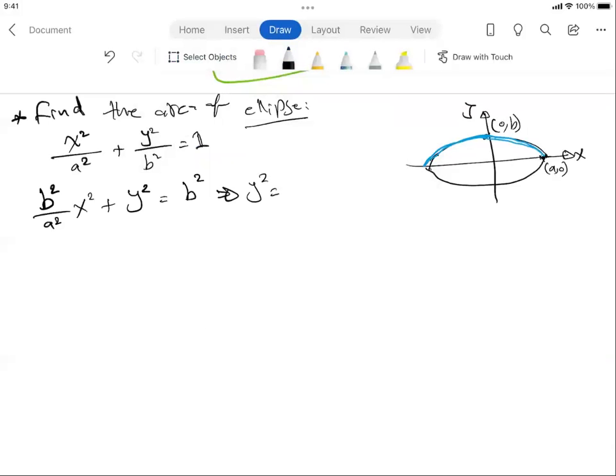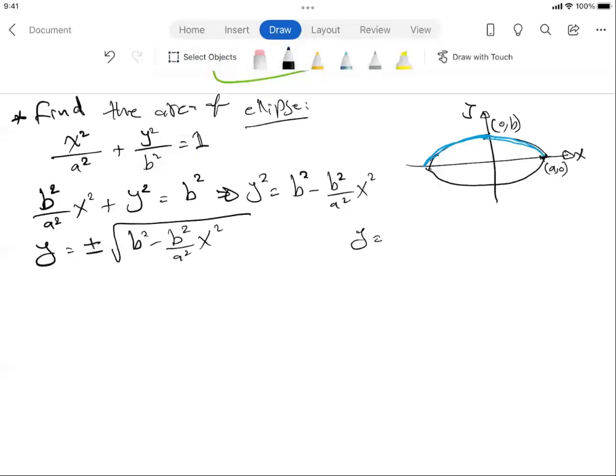Then y squared is simply equal to b squared minus b squared over a squared x squared. So y equals plus or minus the square root of b squared minus b squared over a squared x squared. Yeah, we always like to deal with a positive number, so I will take the positive curve and say the square root of b squared minus b squared over a squared x squared.